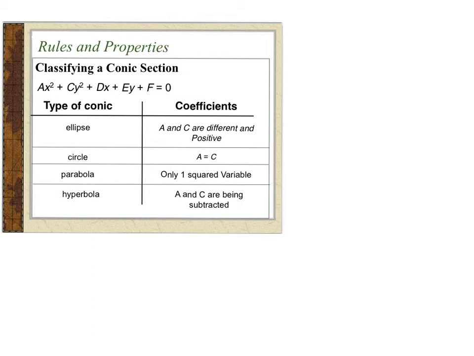So if I have, for example, 4x squared plus 4y squared is equal to 36, let's say.